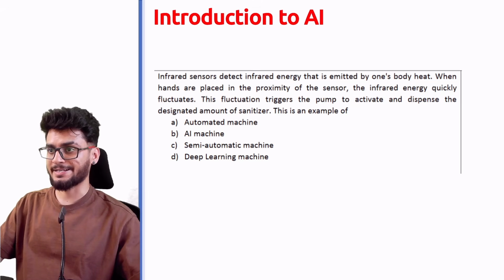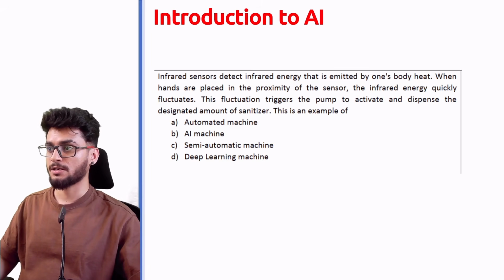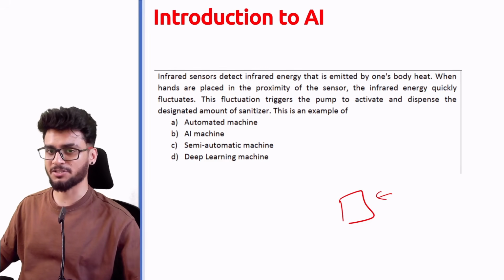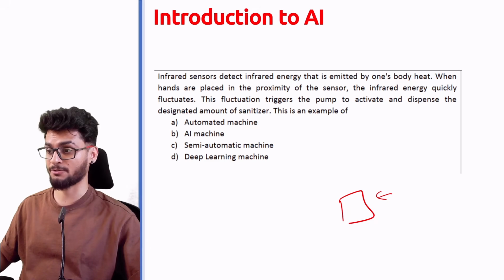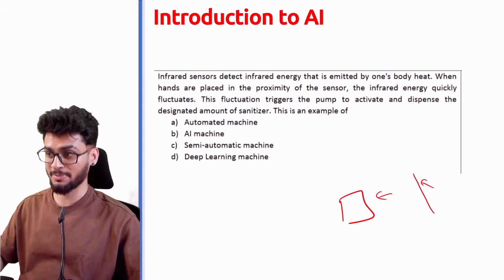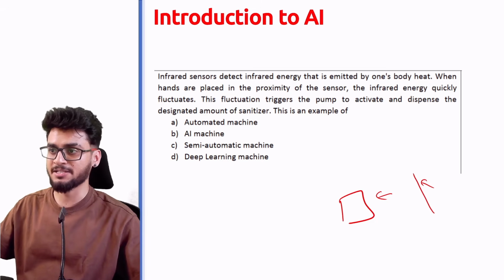Infrared sensors detect infrared energy that is emitted by one's body heat. When hands are placed in the proximity of the sensor, the infrared energy quickly fluctuates. So we have a machine which detects the temperature change around it, the infrared rays around it. So if you put your hand at this place, it will detect that you have put a hand, or maybe the temperature of that area has changed.